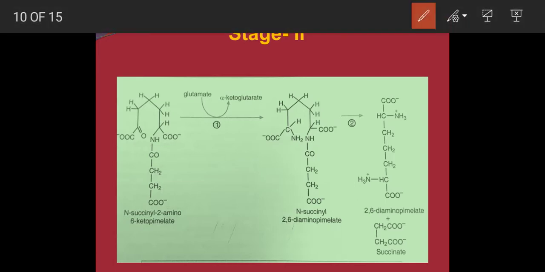In stage 2nd, this N-succinyl 2-amino 6-ketopimelate is converted to 2,6-diaminopimelate by a 2-step reaction. In step 1st, an amino group is donated by glutamate to the 6th carbon of N-succinyl 2-amino 6-ketopimelate.